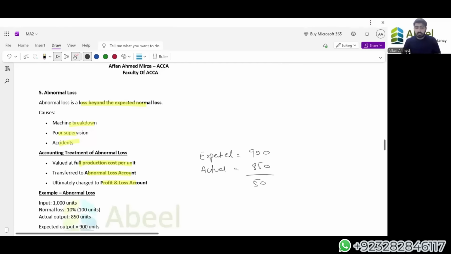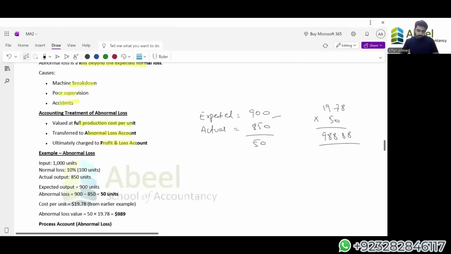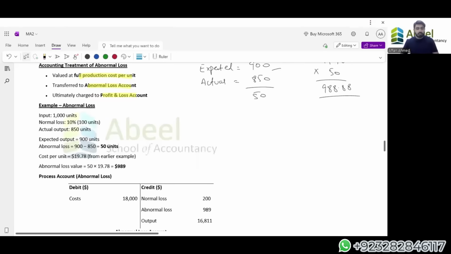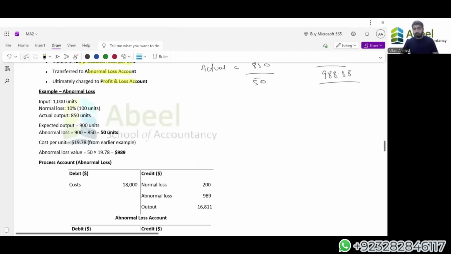The 19.78 cost that was allocated for the 900 good units will apply to these units as well, at the same full cost. So 19.78 into 50 means $988 worth of loss is to be borne by the company because they had additional spillage or wastage in the organization. So due to the additional wastages, we are going to have an account opened up for abnormal losses, and we have to bear that as well.